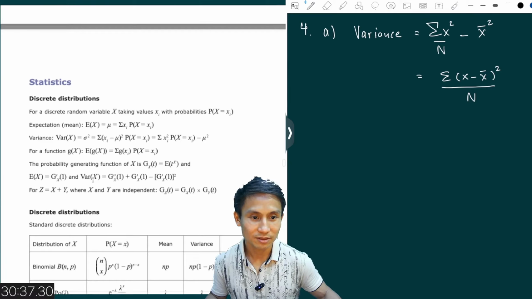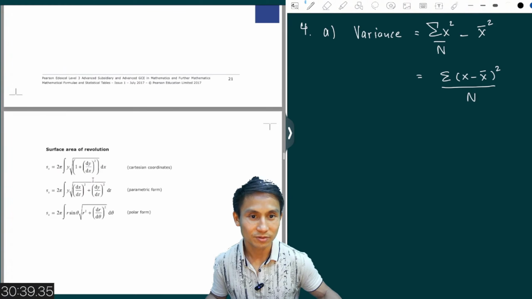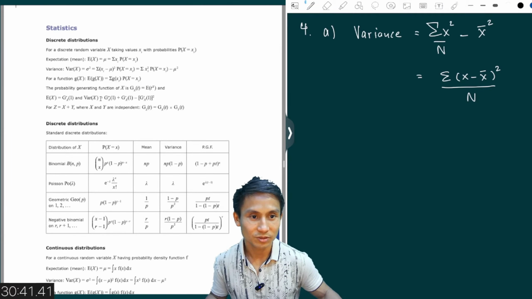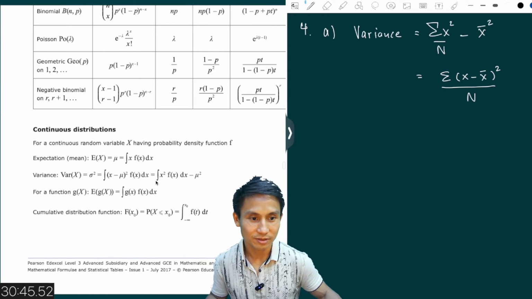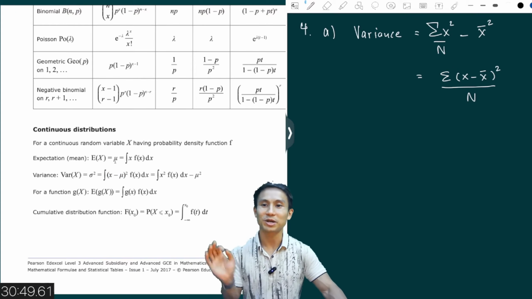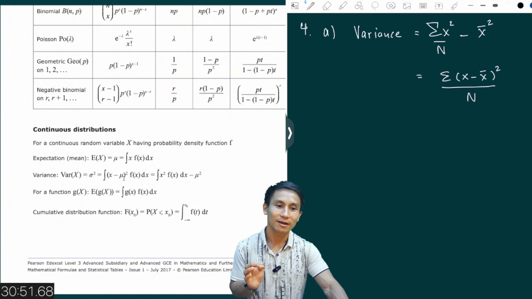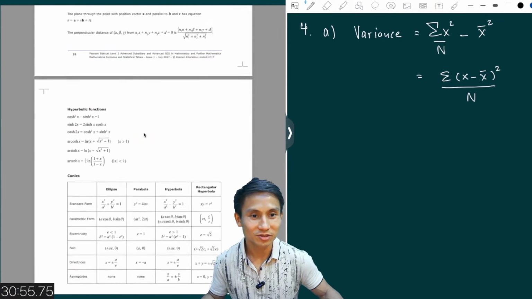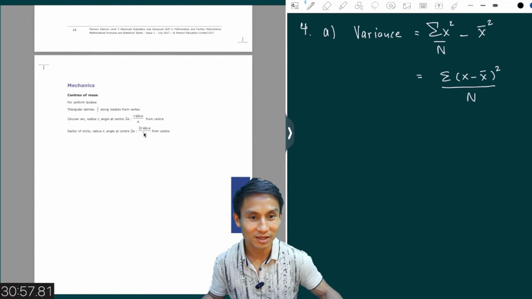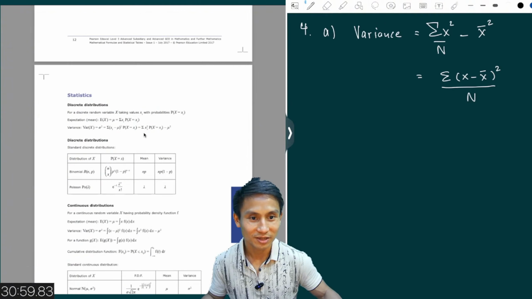It should be somewhere here. Okay, here. So x minus mu is x minus x bar. This is variance. No, that's not useful. Hang on, this is probably A2 level. Sorry.